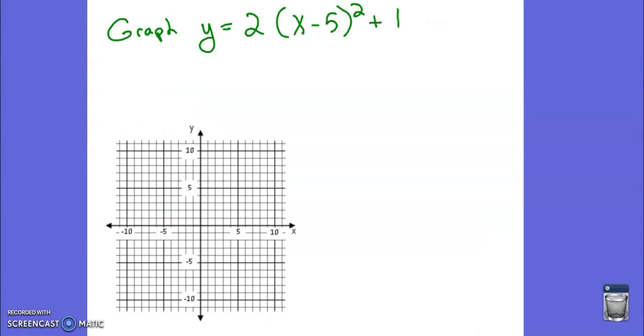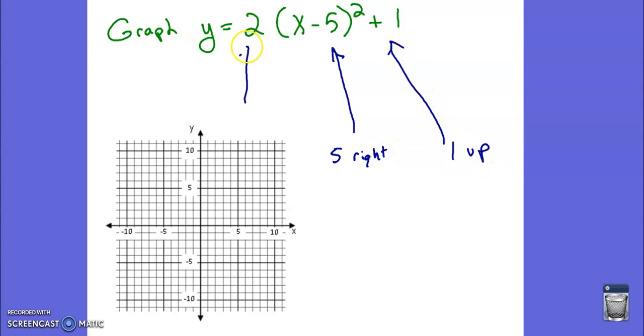So now what if I had all of this right here? I'm not going to be very specific with graphing right now, but in general, remember, what does this do? It's going to move it 5 spaces to the right. This is going to move it 1 space up. And this is going to stretch it vertically by a factor of 2.